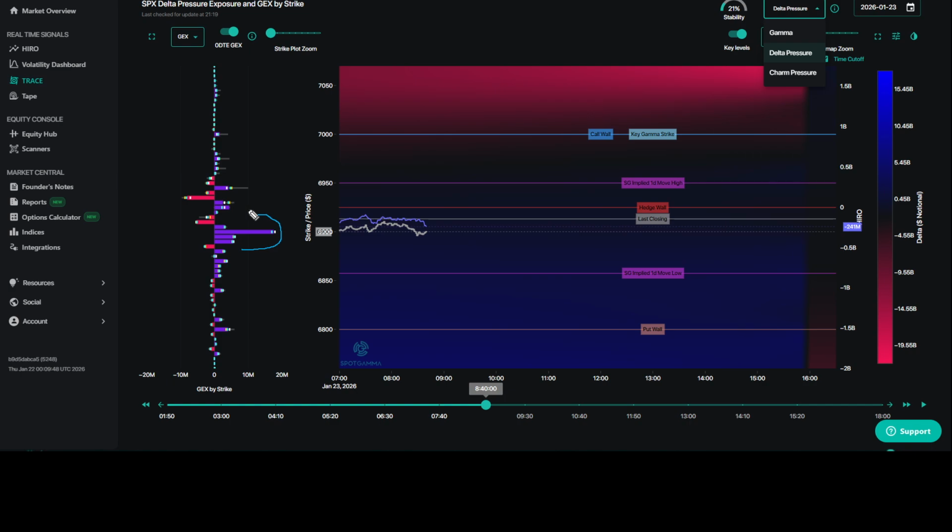Why? Because delta is the simple difference between puts and calls in a ladder, but gamma is the change of the delta at that level.